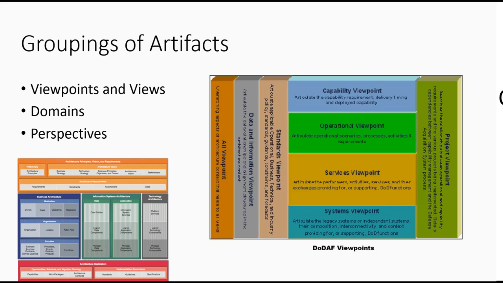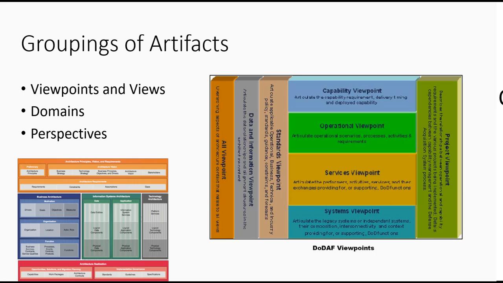Instead, the viewpoints and views, which have the backing of the international standards, group architectures in some of these frameworks, and in others you use domains, and in others you use perspectives, and they're framework dependent. So think of these as roughly equivalent concepts.